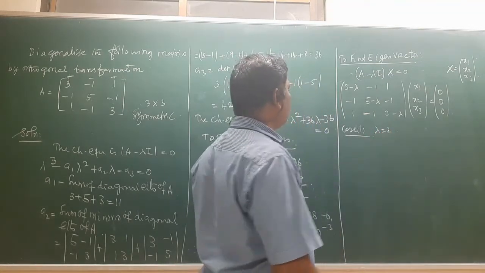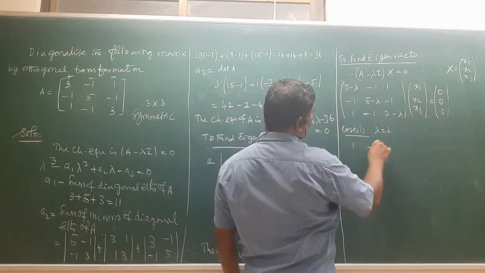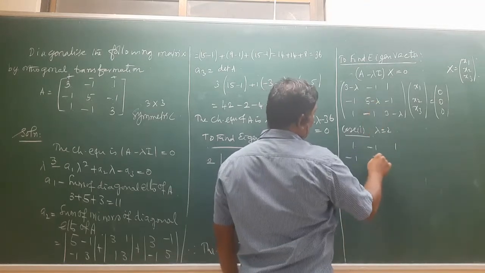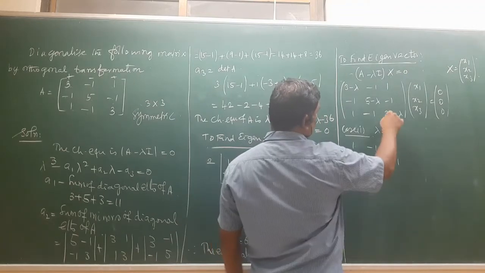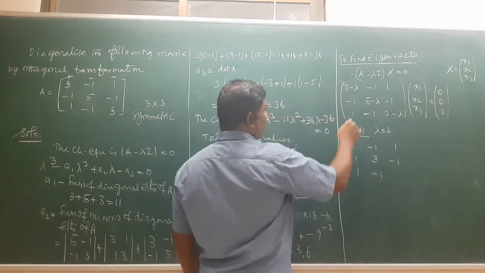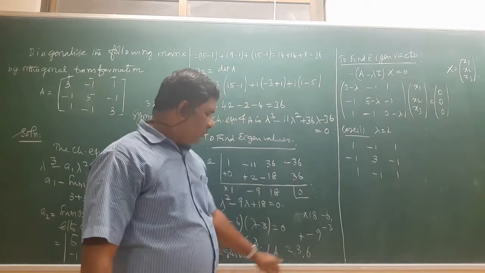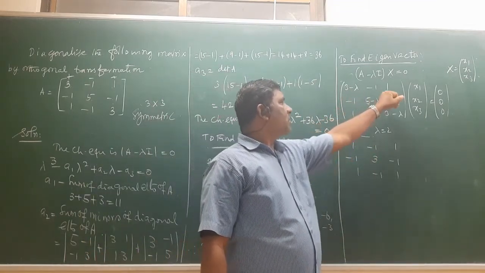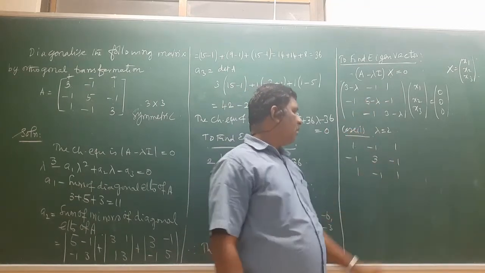Then substituting lambda equal to 2 here: 3 minus 2 is 1, minus 1, 1, minus 1, 5 minus 2 is 3, minus 1, 1, minus 1, 3 minus 2 is 1.